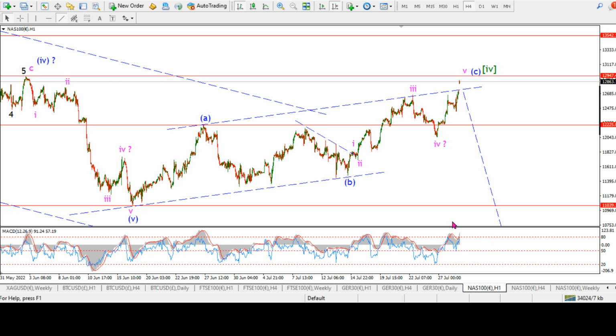I don't see a lot of silver linings here. But suffice to say, if you know with a certain degree of confidence that what's happening here is corrections to the upside, then at least you can prepare for a reversal should that take place.